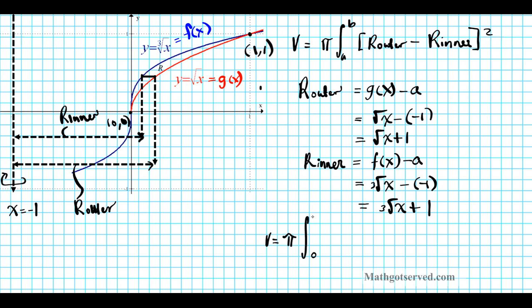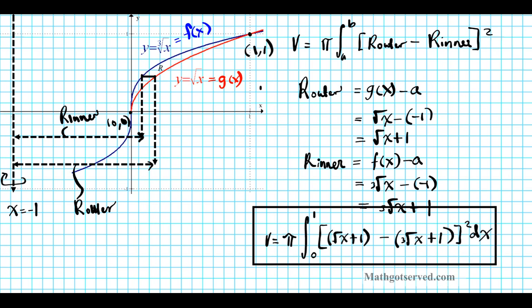The integral from 0 to 1 of our outer, root x plus 1, minus our inner, which is the cube root of x plus 1, quantity square dx. Okay? So there goes the final incorrect answer.